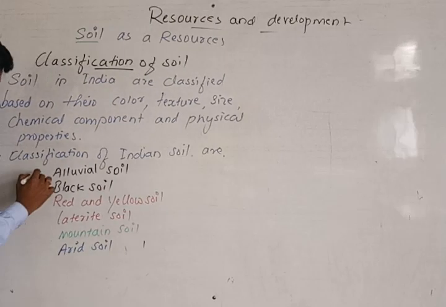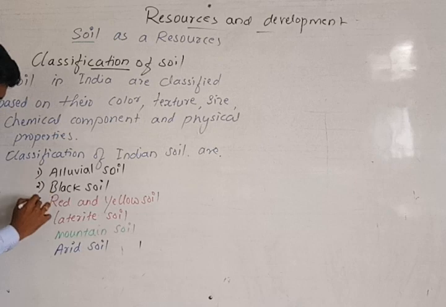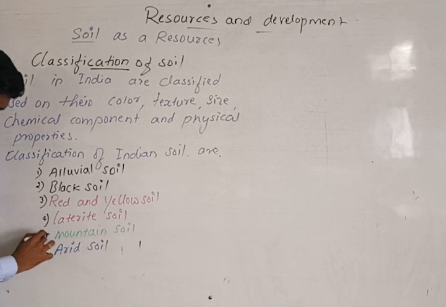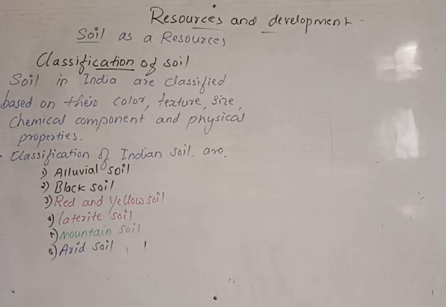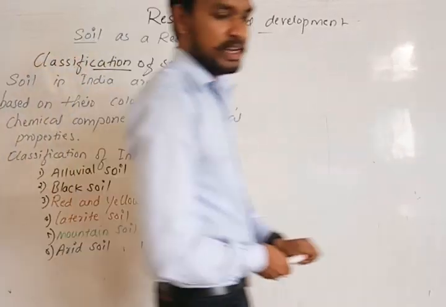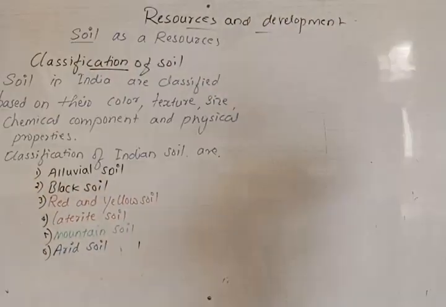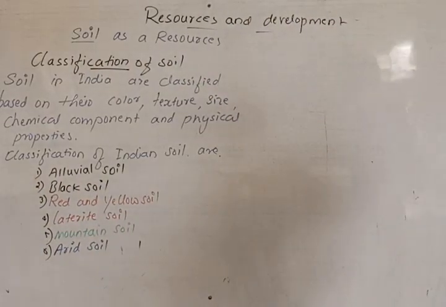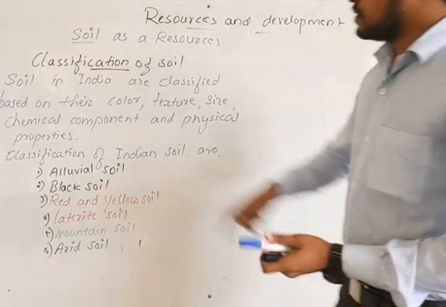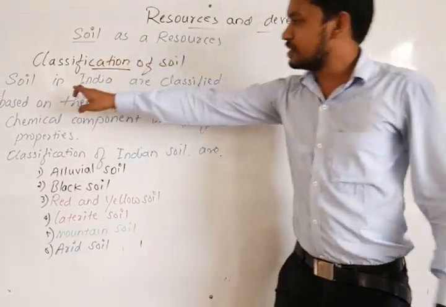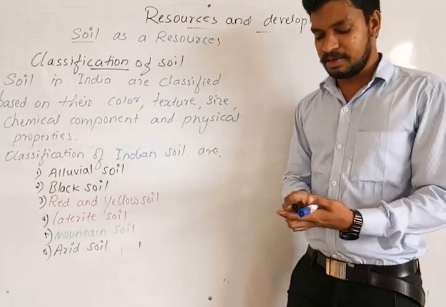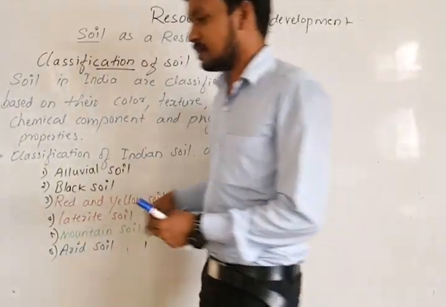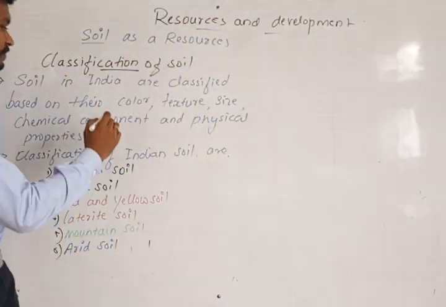The names of important soils are classifications of soils in India. The 6 classifications they have in Indian soil. So we made a classification of soil based on all these factors. You must remember, it's not made only on the basis of color.